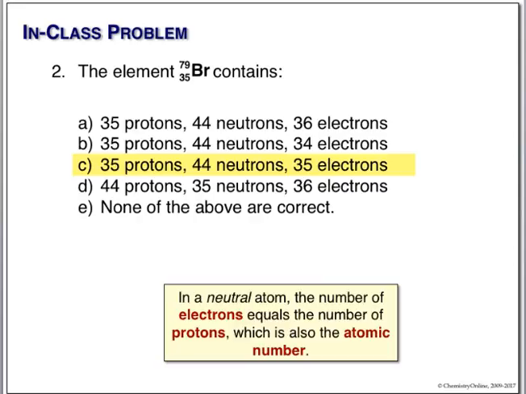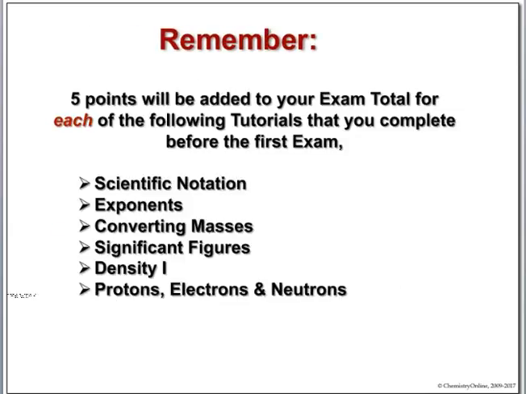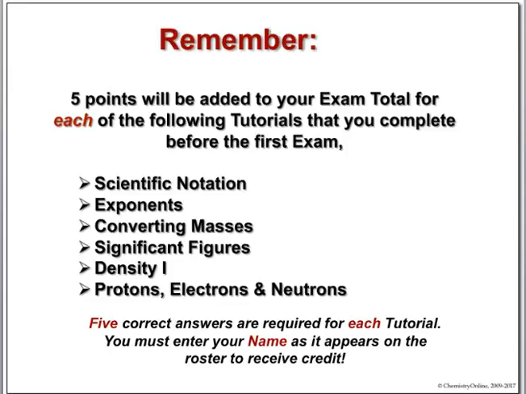All right. A lot of people ask me to see this again. These are the tutorials we have so far. Today we added protons, electrons, and neutrons to the list. Once again, 5 points for each of these that you finish. Remember, however, you can only do them once.